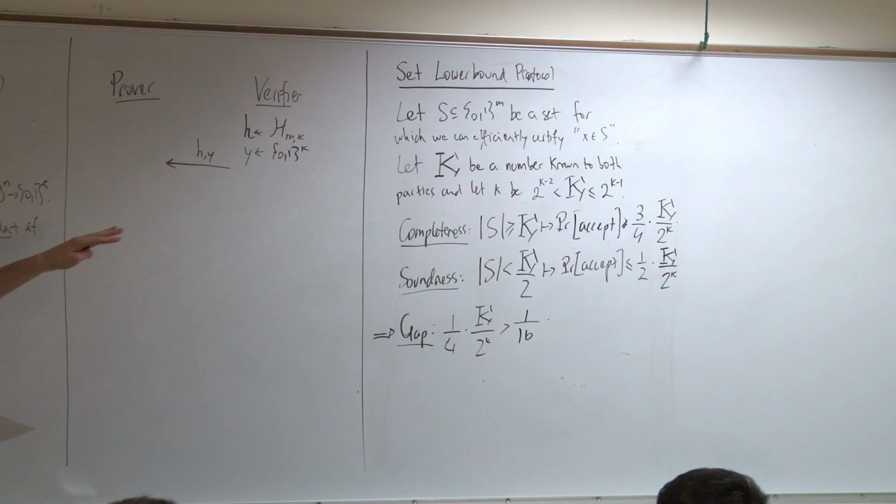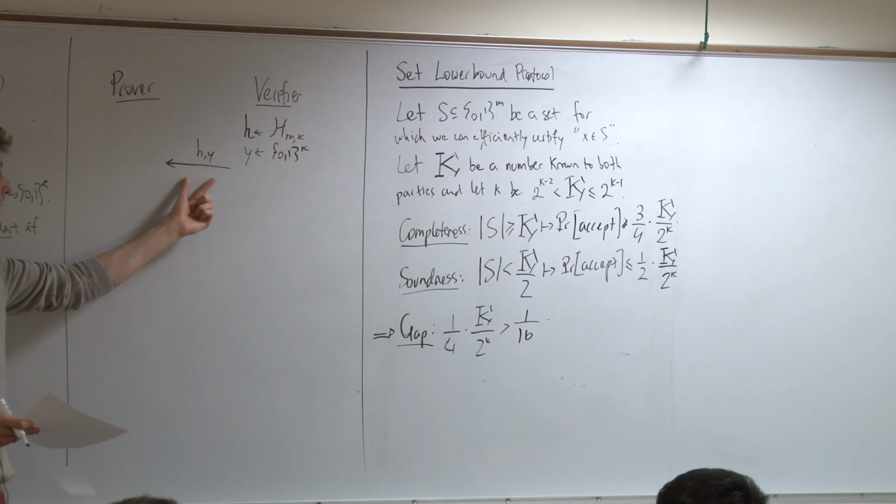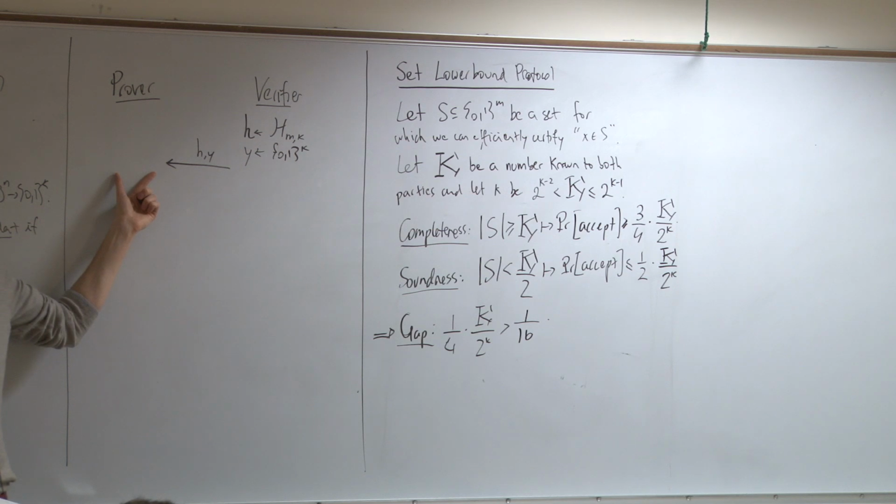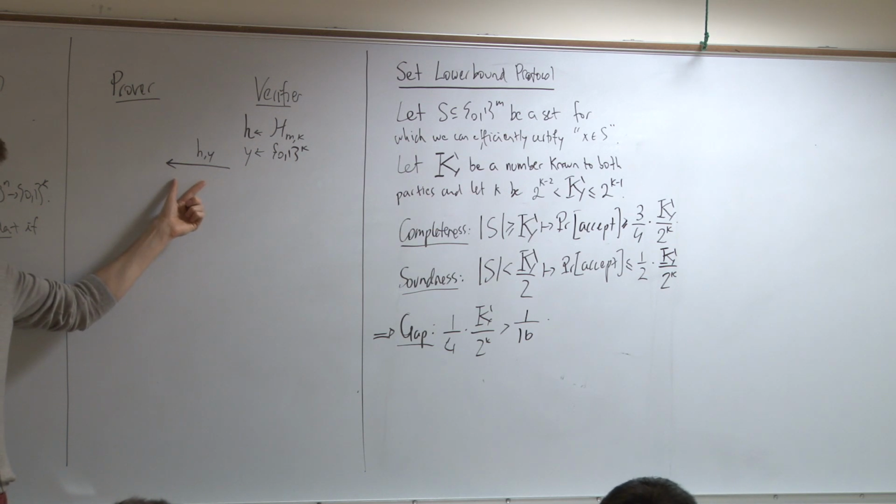So right now, the intuition here is that the verifier is trying to ask the prover, okay, you think S is so big, let me give you a random inversion challenge. Please find a pre-image of y. If S really is so big, then you ought to be able to have a high probability of finding a pre-image of y.